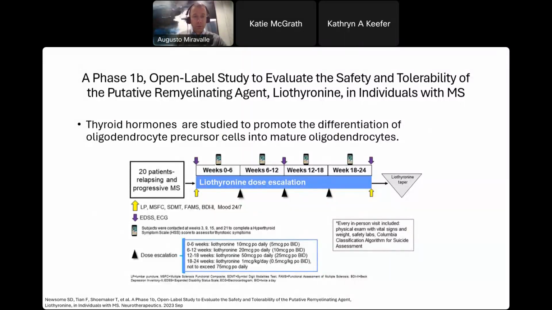Another repurposed medication is this thyroid hormone called liothyronine. Very similarly, it was studied as part of this random selection of a library of pre-approved medications for other indications, and appears to be a reasonable candidate to help mature these oligodendrocyte cells.